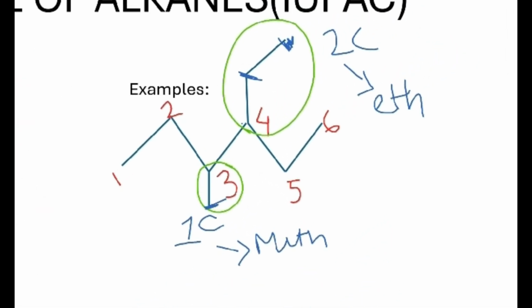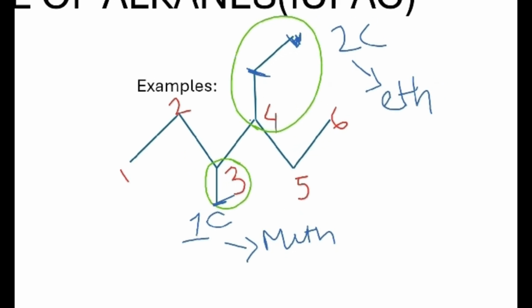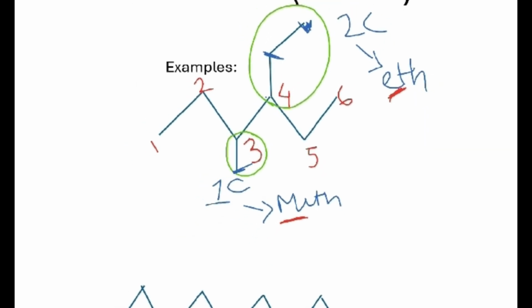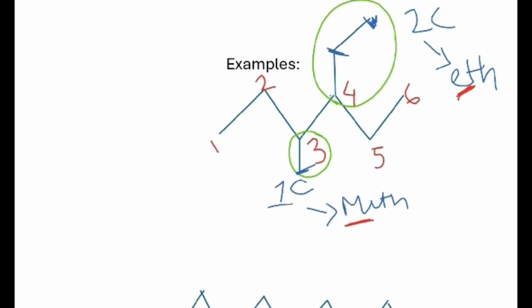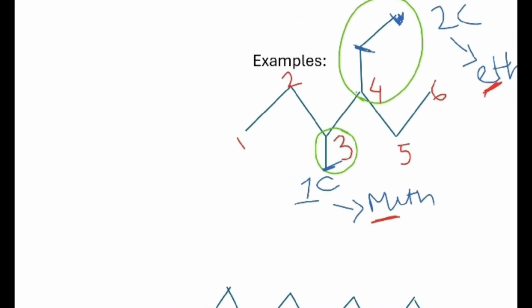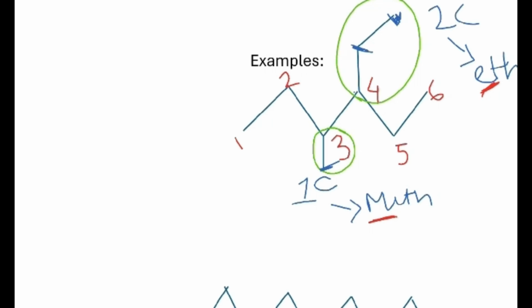Since E comes before M, while naming the compound, we have to write eth before meth. As the ethyl group is in the fourth carbon of the parent chain, first we will write the number and then we will write the name of the branch.